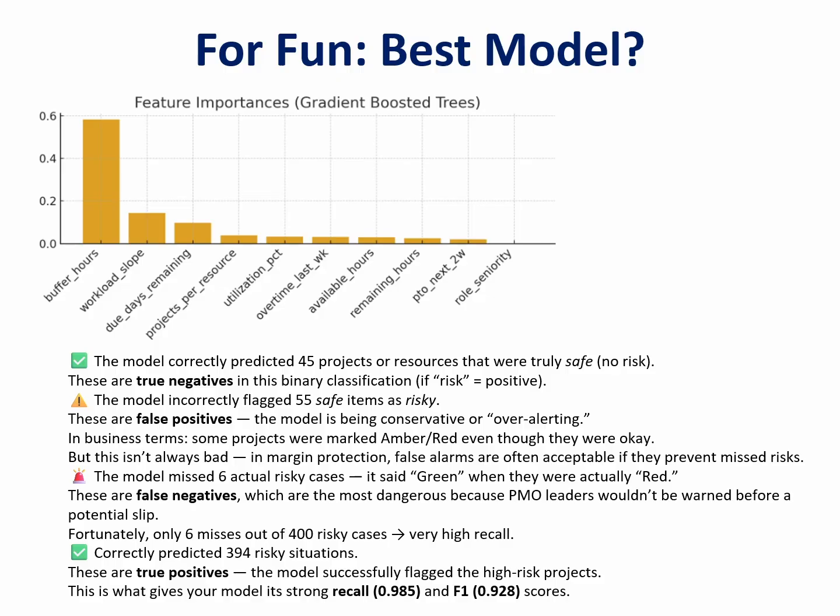Now, the trade-off is that it slightly over predicts the risk, right? So as you can see there, approximately 55 safe items were flagged as risky, or were a false positive. In my world, that's an acceptable level. Missing a high-risk project is far worse than investigating a few false alarms. I would rather go investigate than miss a high risk.